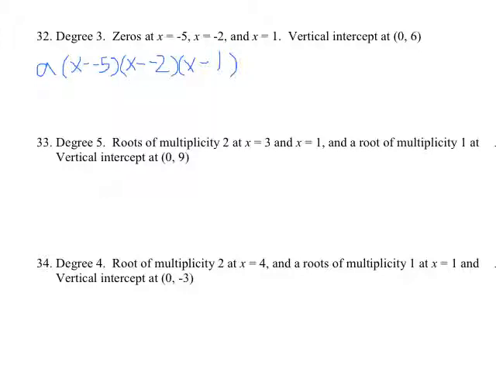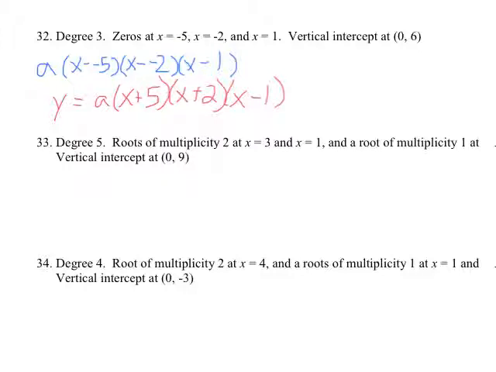So if we were to simplify this equation, we're going to have y equals a times x minus 5, x plus 5, x plus 2, and x minus 1. Because we have a vertical intercept at 0, 6, we can substitute 0 in for our x's and 6 in for our y's, and that will allow us to solve for a.